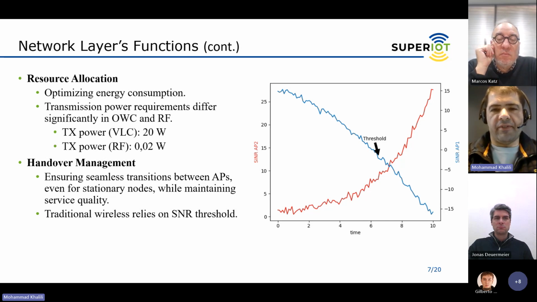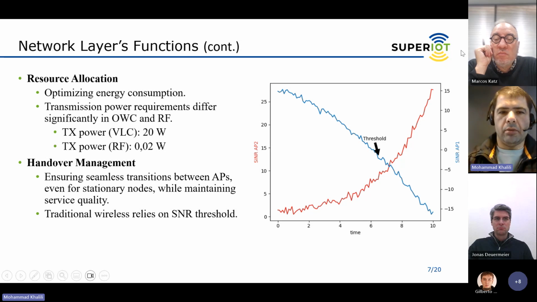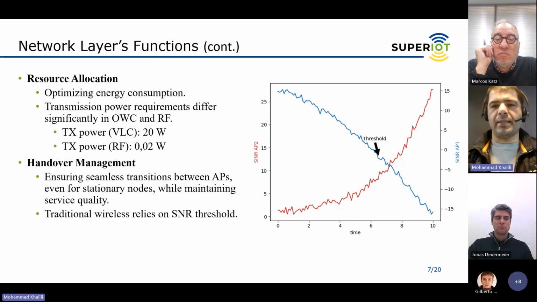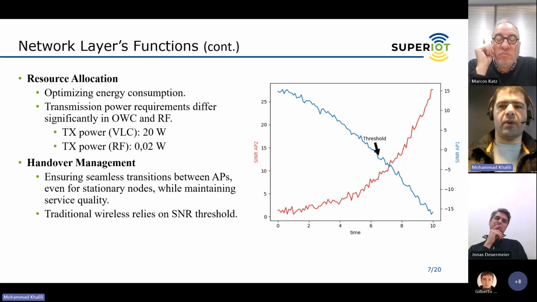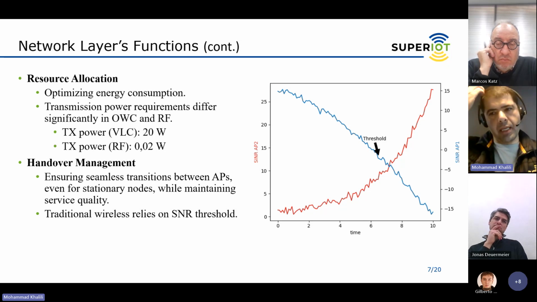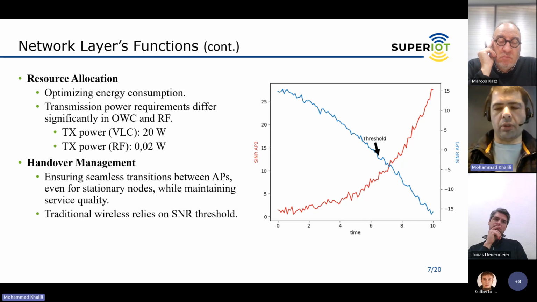If we consider interference, it is SINR, or if we neglect interference, it is SNR. However, in the traditional approach, when the SINR of one access point comes below a threshold, the node decides which access point is better and associates with the next access point.